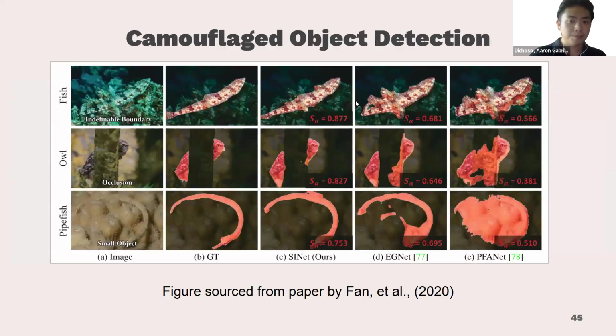And finally, camouflage object detection. This was made possible because of the innovation of object segmentation, as well as using ResNet as a backbone for this specific task, where it is really hard to differentiate the target object from the environment. The specific networks being used here also depend on ResNet as a backbone.